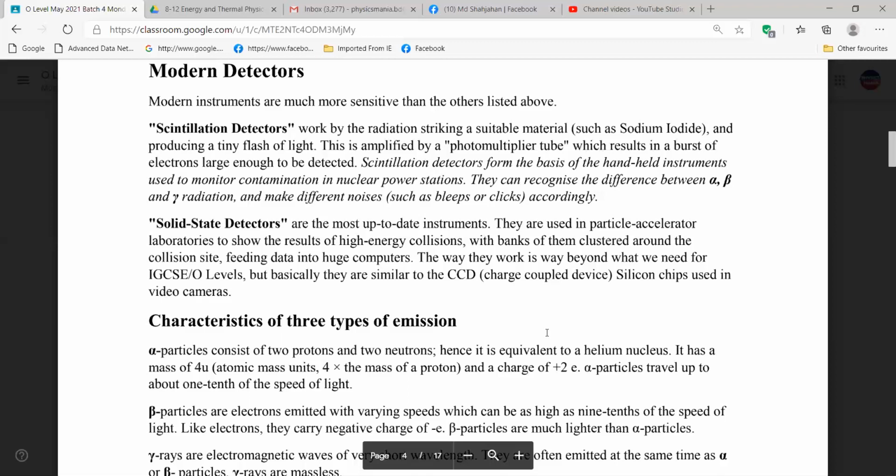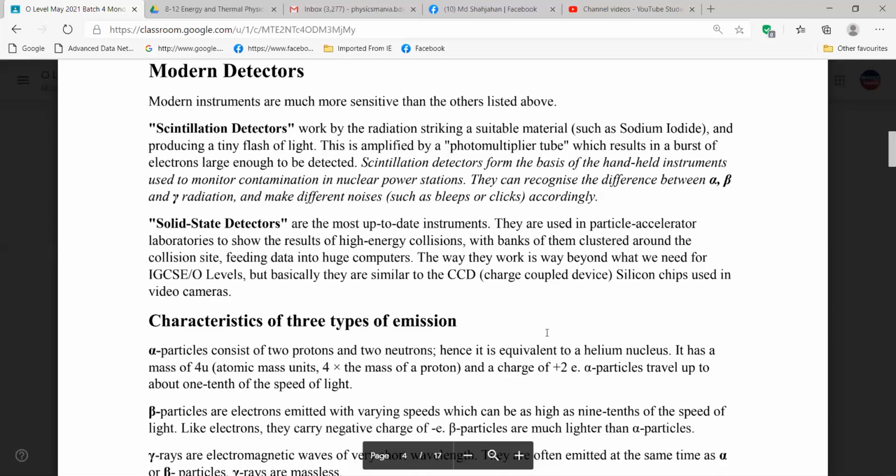The result is a burst of electrons large enough to be detected. Scintillation detectors form the basis of the handheld instrument used to monitor contamination in nuclear power stations. They can recognize the difference between alpha, beta, and gamma radiations and make different noises such as a beep or click accordingly.